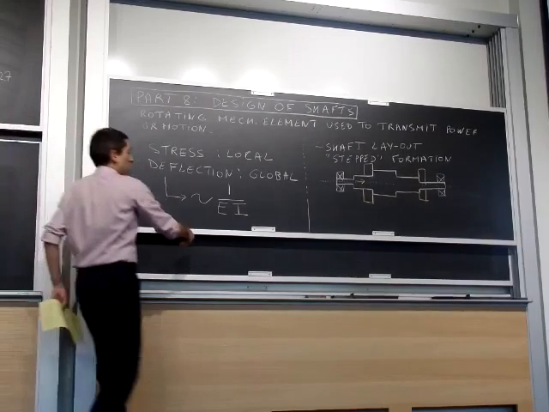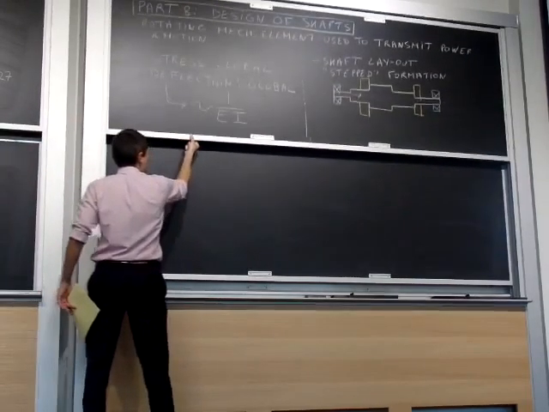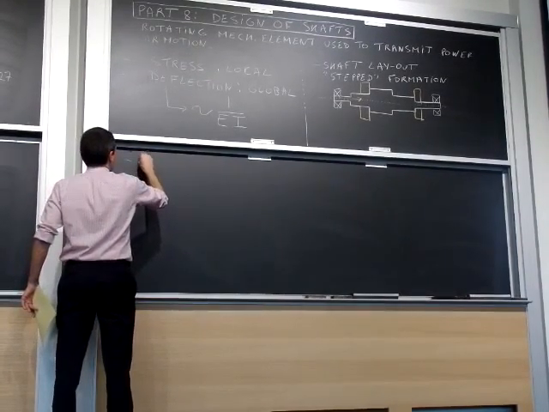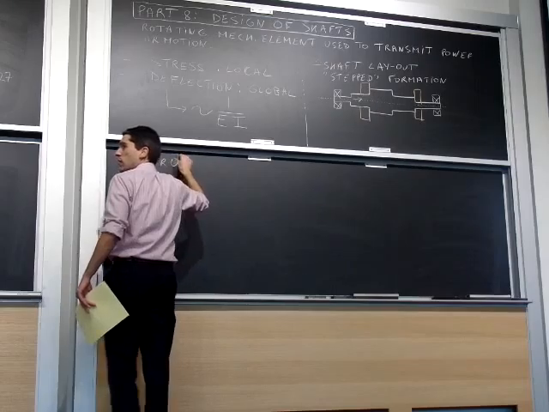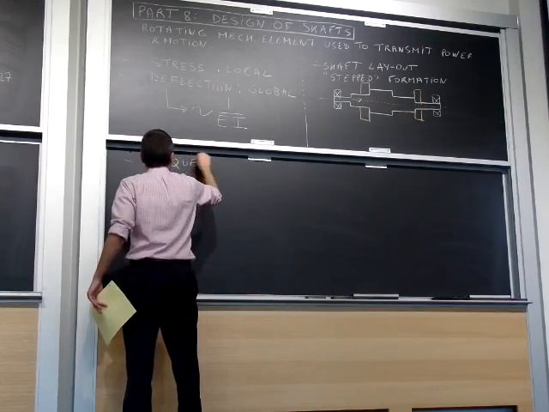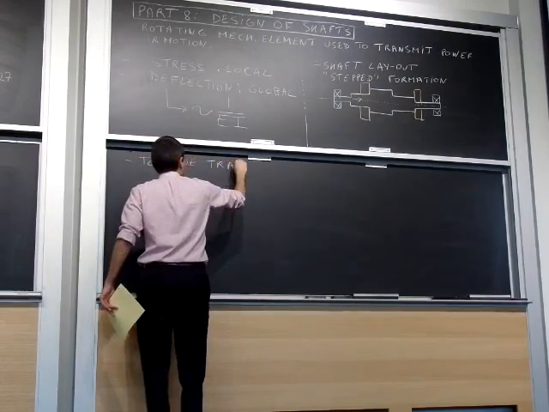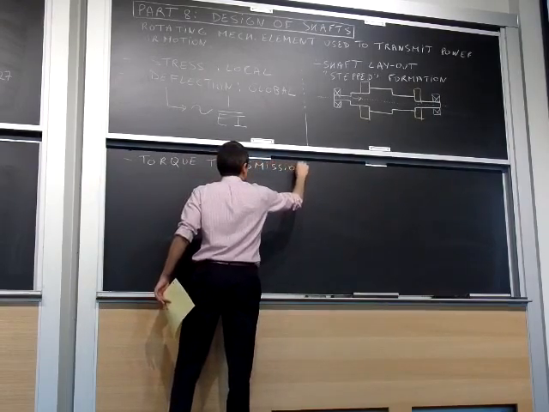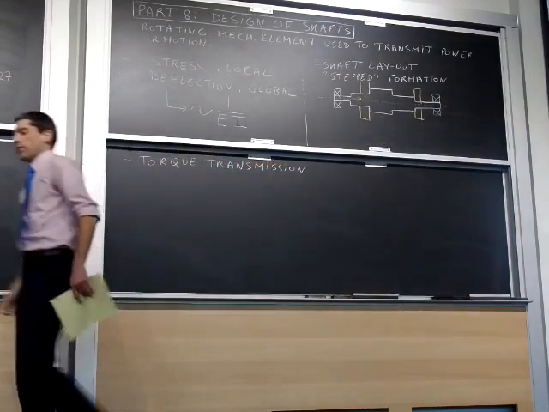A shaft is a rotating mechanical element used to transmit power or motion, that means that we're applying a torque to our shaft. And so torque transmission becomes an important thing. And there are many ways that a shaft can transmit torque. You have your belt pulley, you have gears.